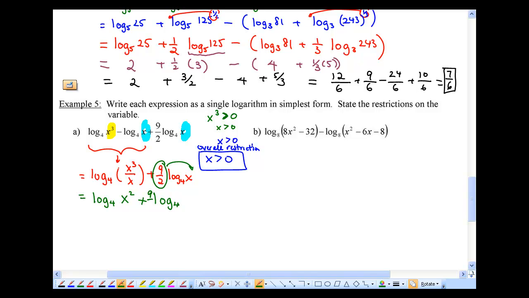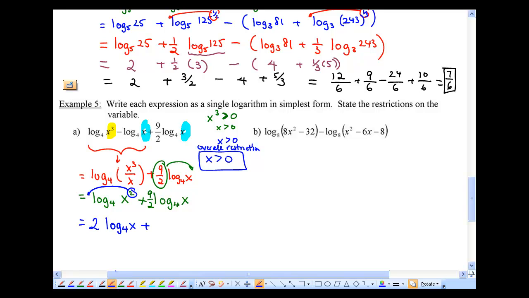9 over 2 log base 4 of x. Okay. What I am going to do now is take the exponent, the x squared, and bring that to the front. Because I want to write it as one single logarithm, meaning I want to be able to put them together into one thing. So I don't need to use any of these laws to simplify any further. If I bring the exponent down, that's 2 log base 4 of x.